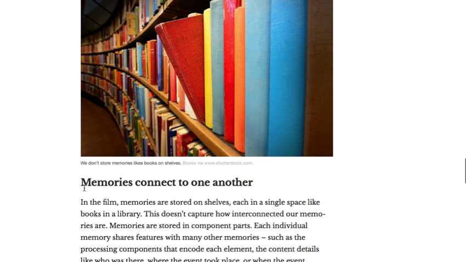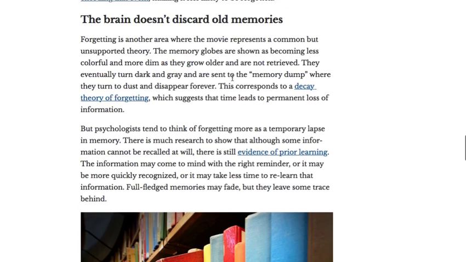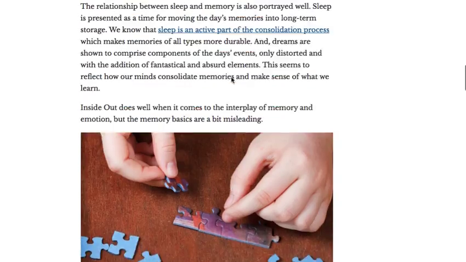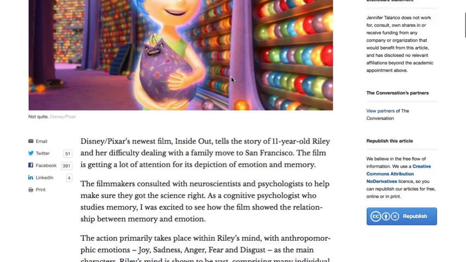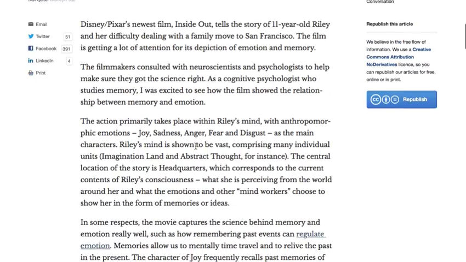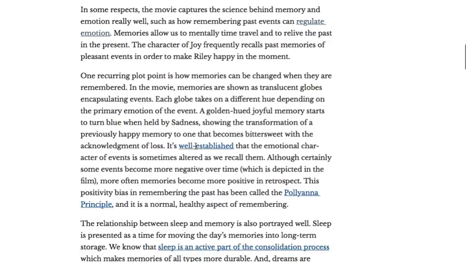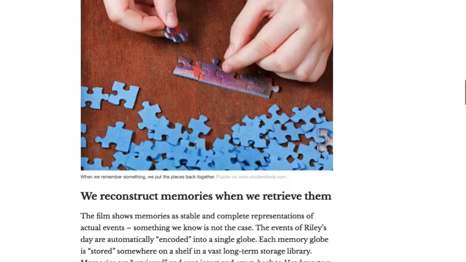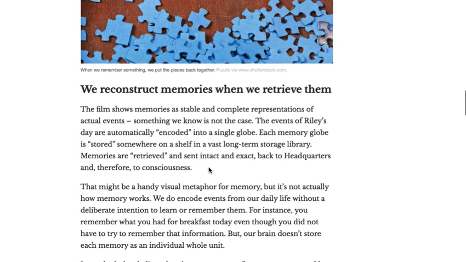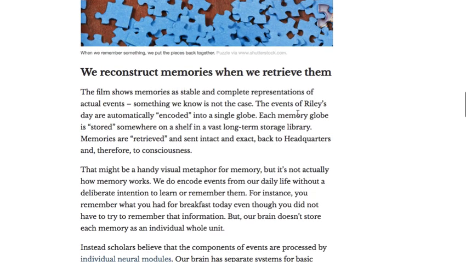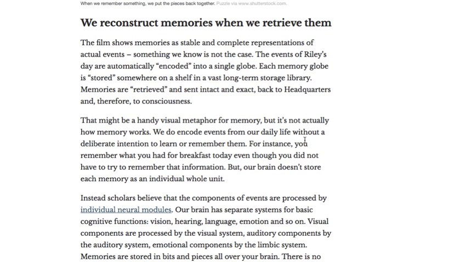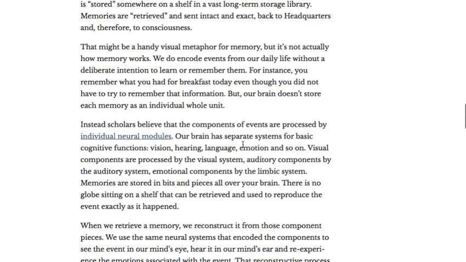We're told here, we don't shelve memories like we do books, and that is one of the issues that gets talked about earlier up here. Yes, actually, the idea that Riley's memories are put into a globe, and the globe is stored on a shelf in a library of sorts.